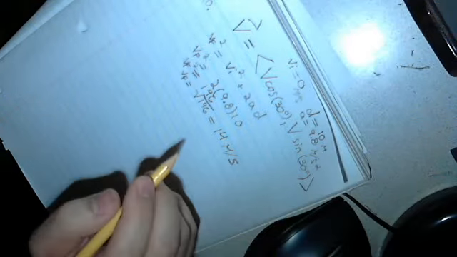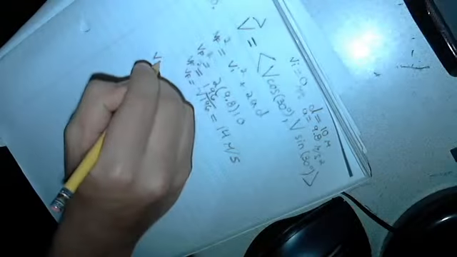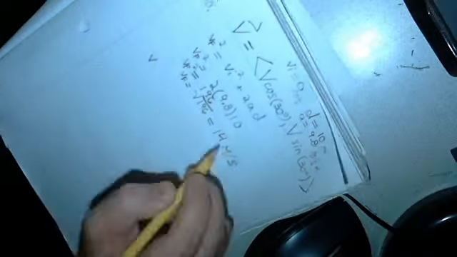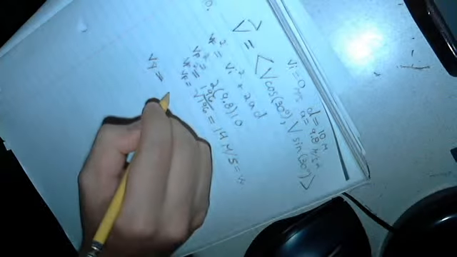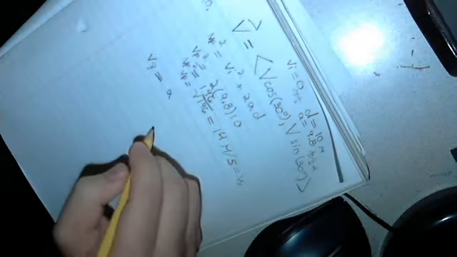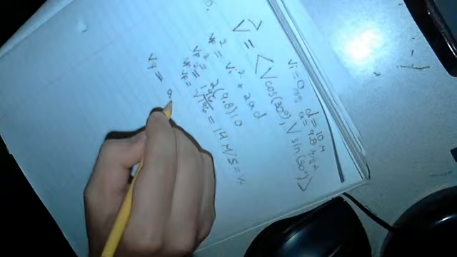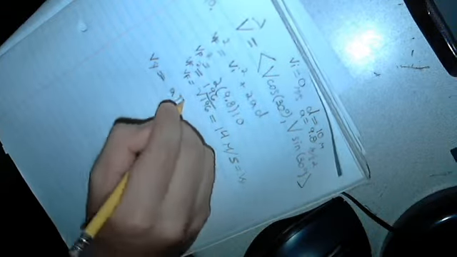Now that we have the vertical velocity, we can figure out the time it would take for the beanbag to reach the ground from all the way up. The way we do that is, Vy, the y component, equals the acceleration of gravity, which I'm going to call a, it's also called g, multiplied by t.